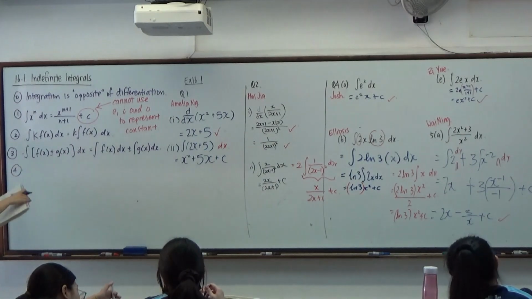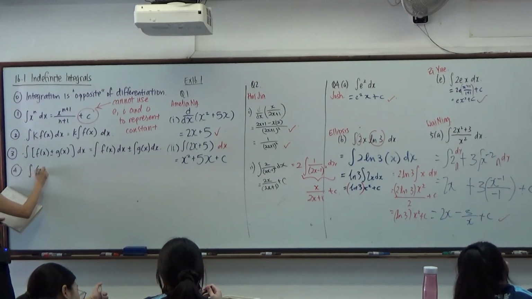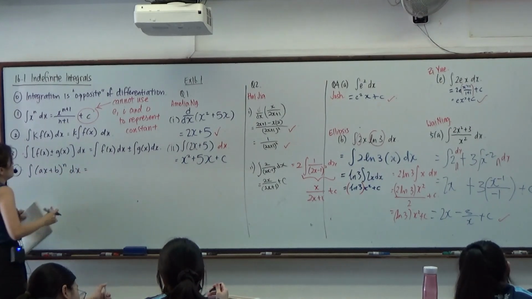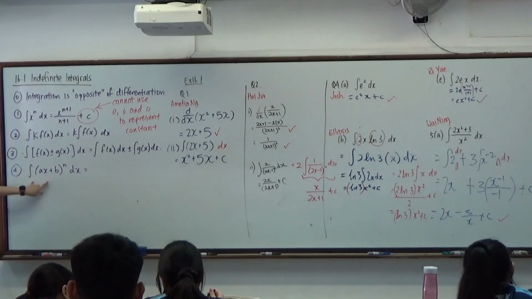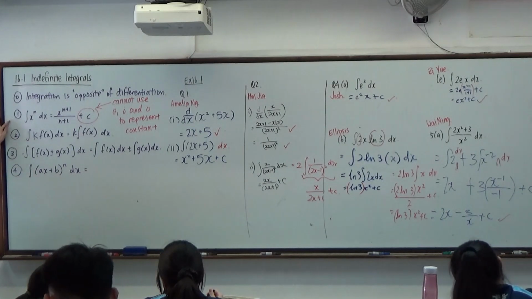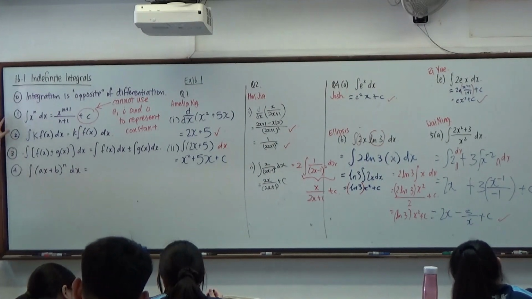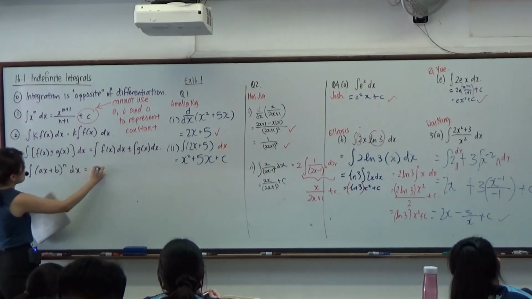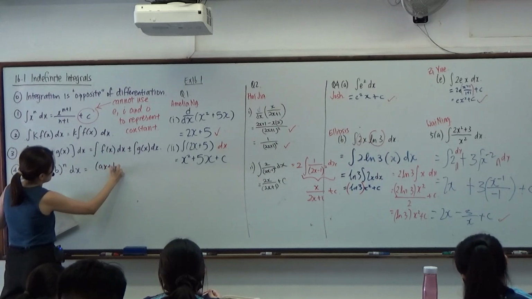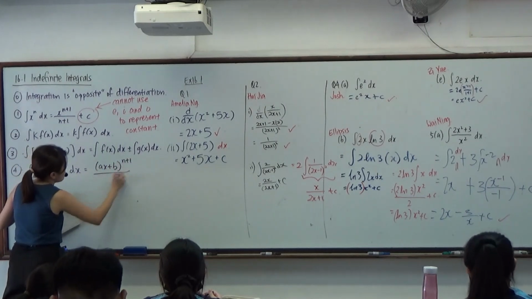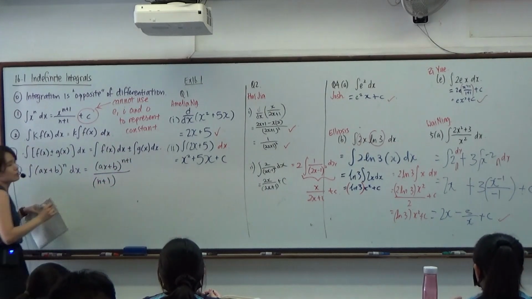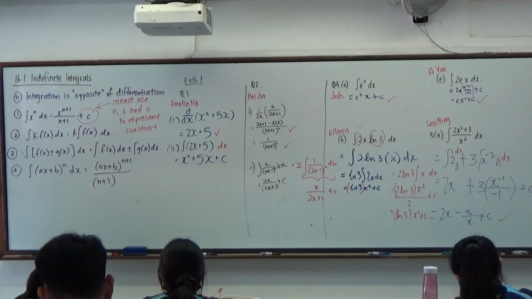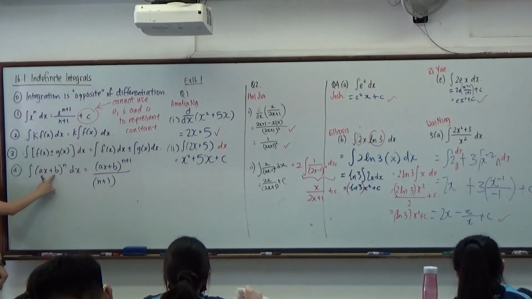The next rule is in terms of integrating (ax plus b) to the power of n dx. It is actually an extension from your first point, whereby we will do power plus 1, divide by the power, but not forgetting that in differentiation we also deal with the ax plus b.